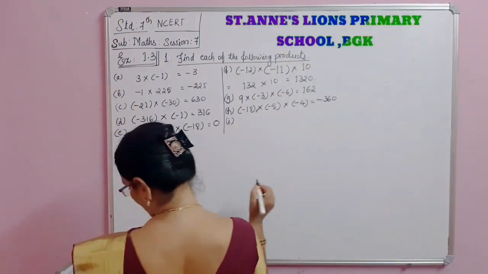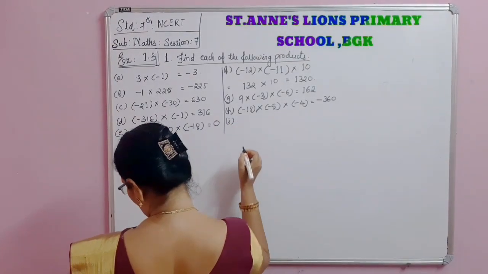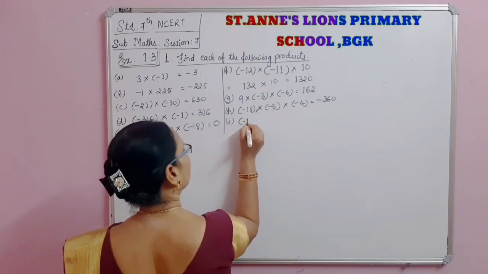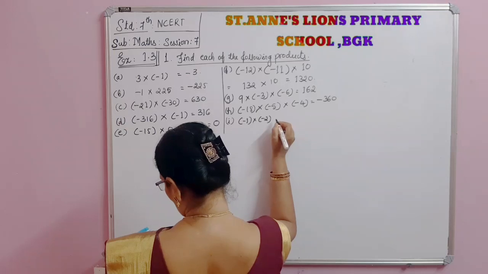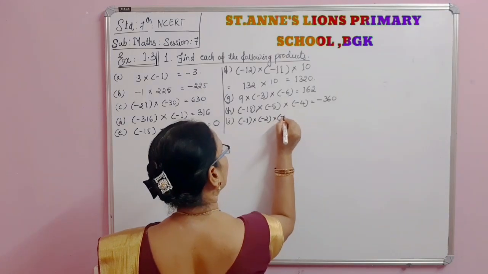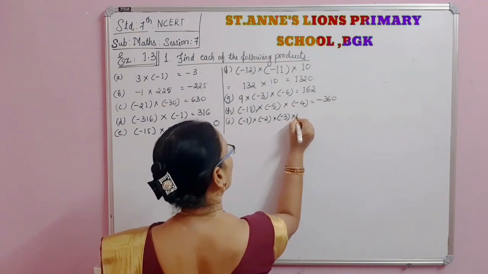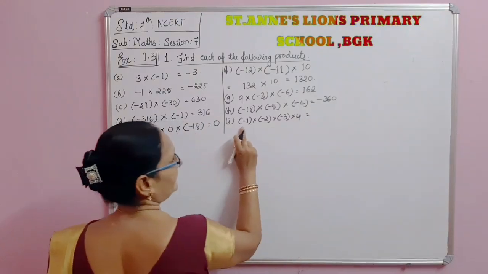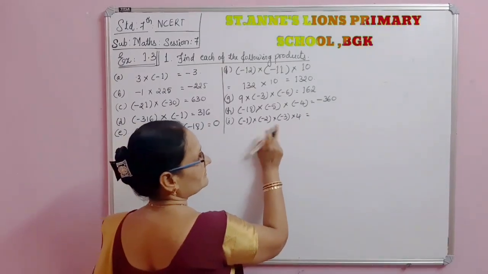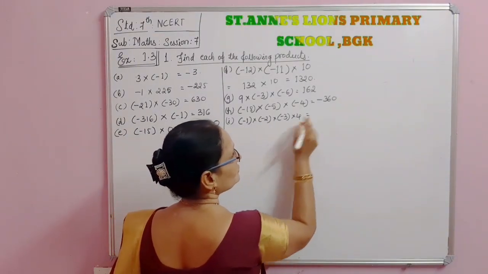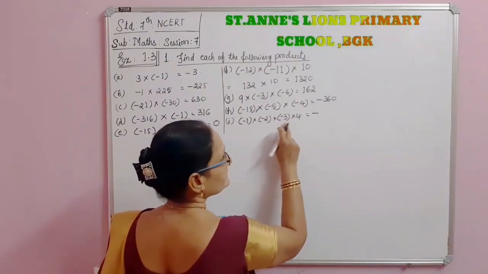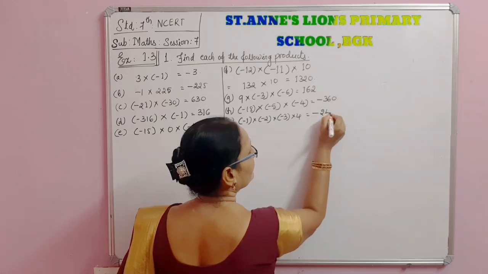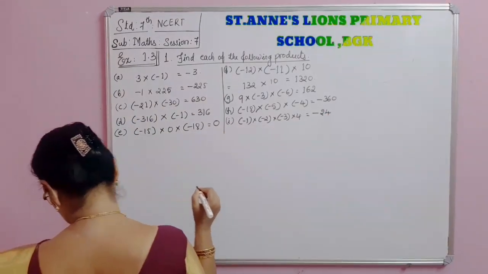Next one is I: minus 1 into minus 2 into minus 3 into 4. First the sign: minus into minus is plus, plus into minus is minus, minus into plus is minus. 1 2s are 2, 2 3s are 6, 6 4s are 24.